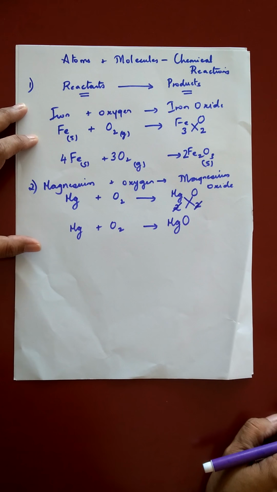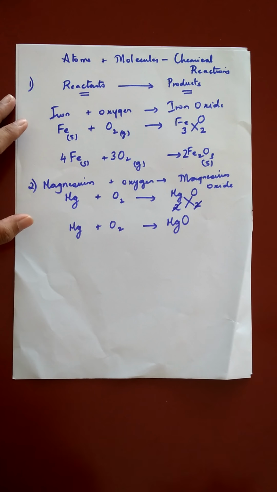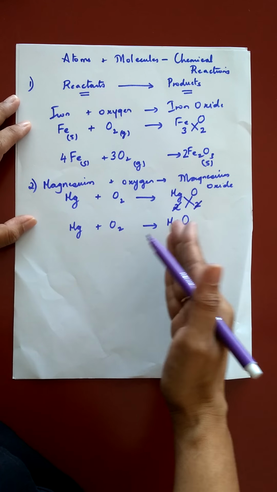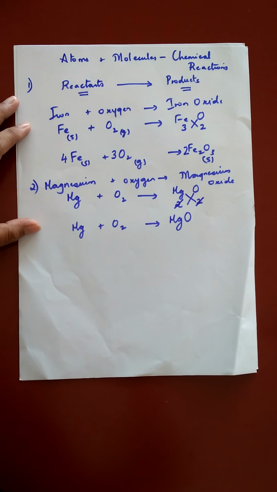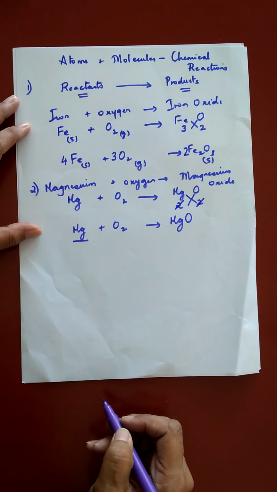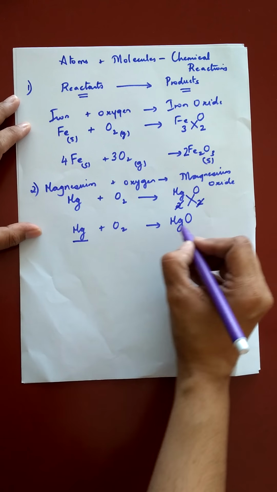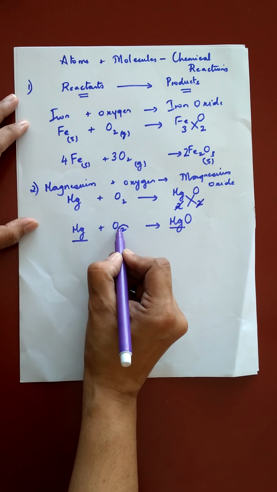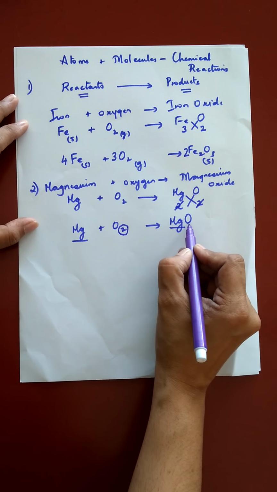Now you have to make sure that the equation is balanced. That means the number of atoms of each element on the left hand side of the equation and on the right hand side of the equation have to be equal. You have 1 Mg this side, there's no number, so it means 1. Here also you have 1 Mg. There are 2 O on the left side, and here there's only 1.